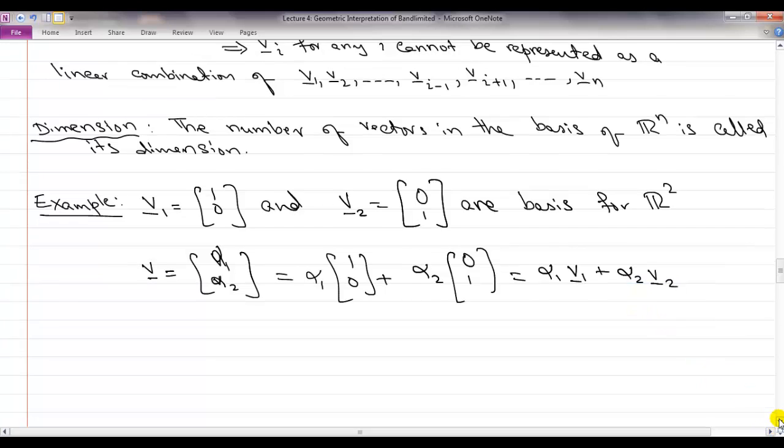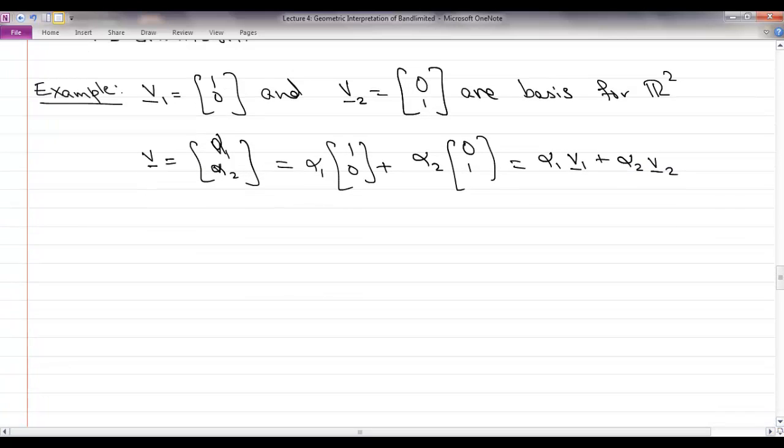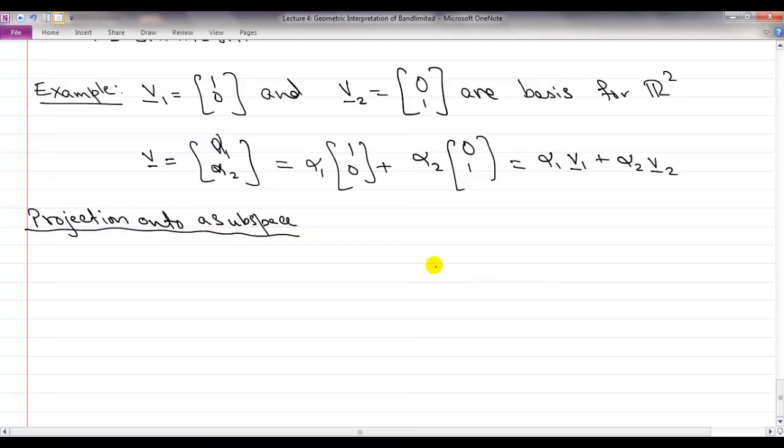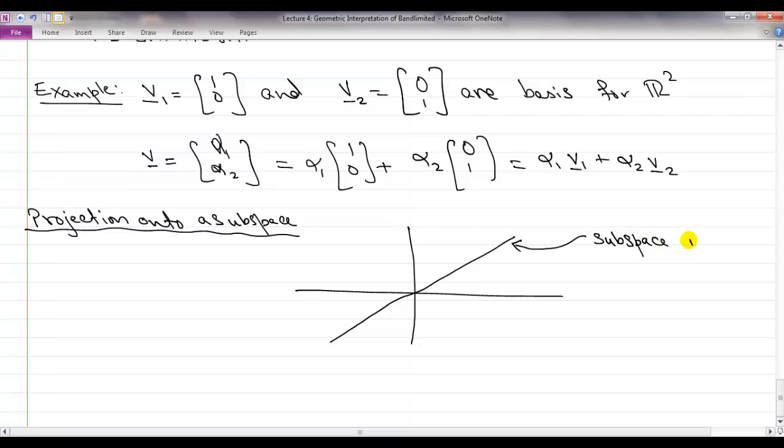Now the last thing we often do in Euclidean spaces is projection onto a subspace. So let's say you are given this subspace, a subspace in R2, and you are given a vector here, v.